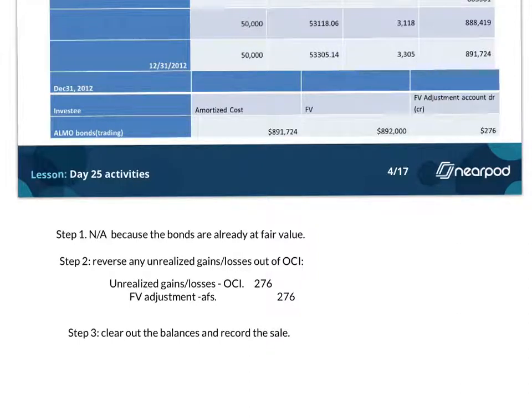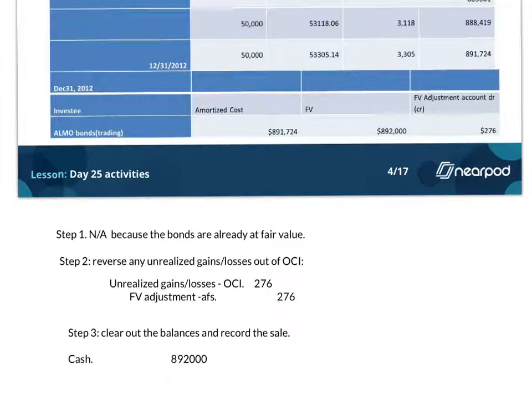All right. So we know we're going to get cash, and we know how much cash we're getting. We're getting $892. So let's go ahead and record the cash because that's always easy.